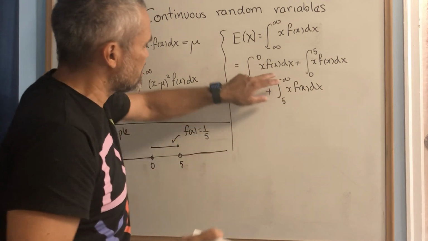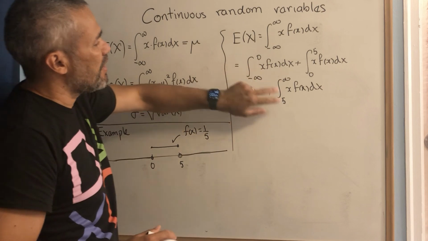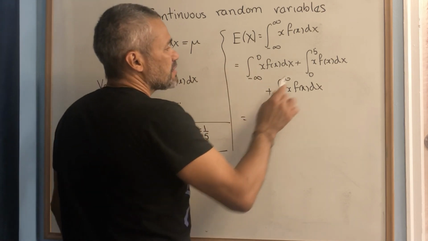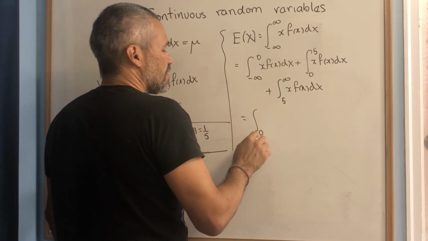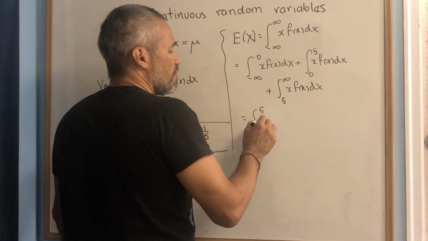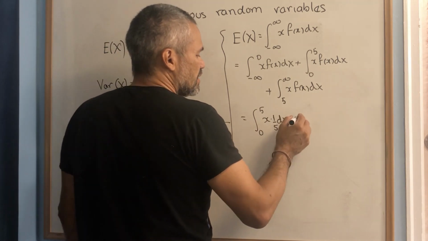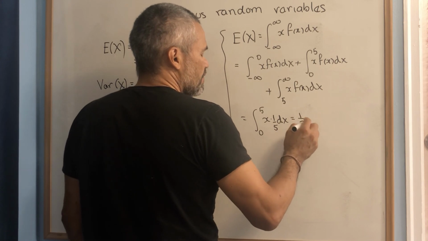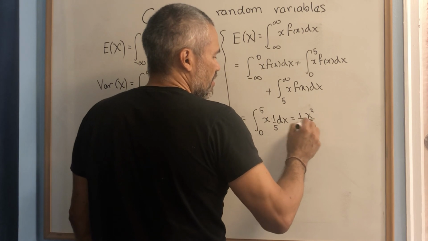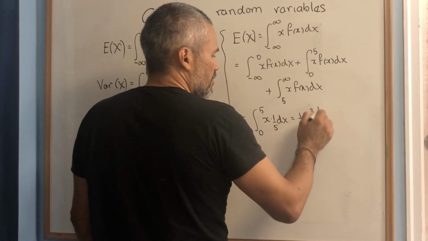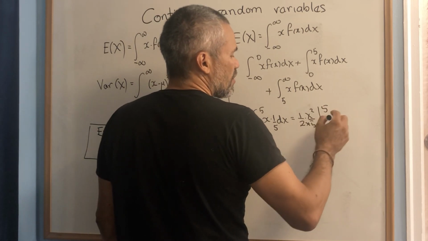These two parts are 0 because the function before 0 and after 5 is equal to 0, and the function between 0 and 5 is 1/5. Then I end up with the integral from 0 to 5 of x times 1/5 dx, and this is 1/2 times x squared times 1/5 between 0 and 5, essentially x squared over 10.